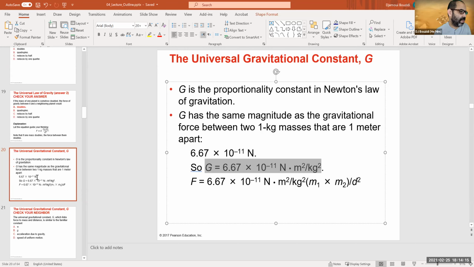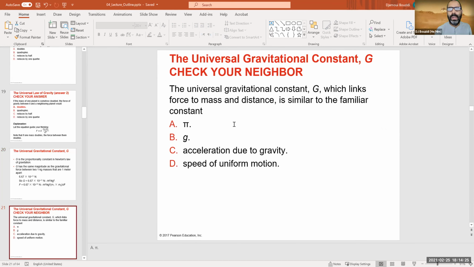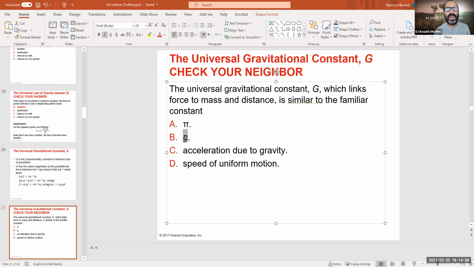Again, the way he arrived at this number, because he knew the work of Mr. Galileo, 9.8, and he had to match the two expressions, and that's how that number emerged. So the universal constant G, which links force to mass and distance, is similar to the familiar pi. Or g? No, it's not the familiar g. That g is different from planet to planet, so that's not correct. Acceleration due to gravity, that's little g actually. Speed? No, it's not, because that's different depending on how fast people move.